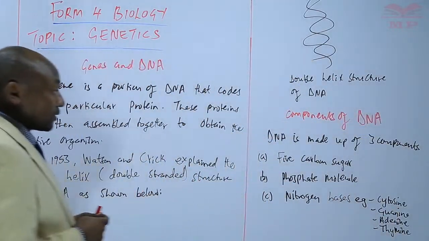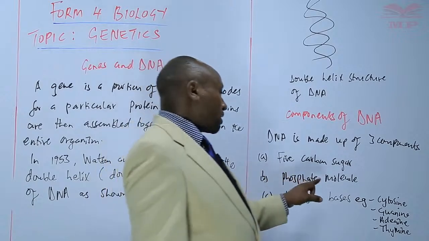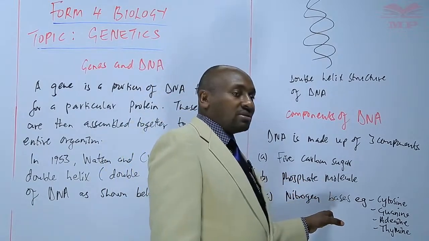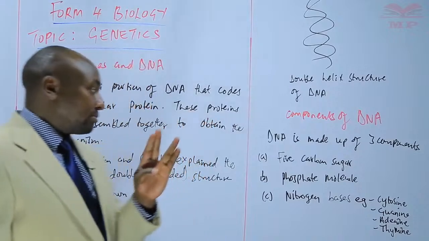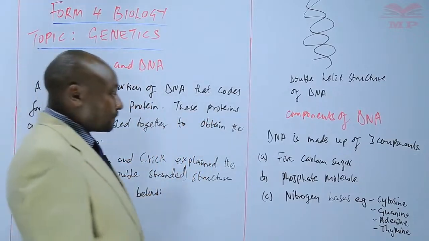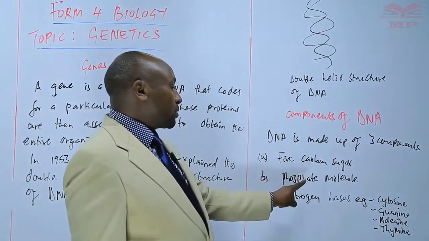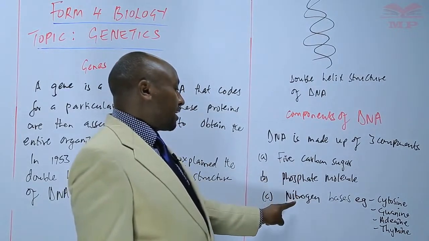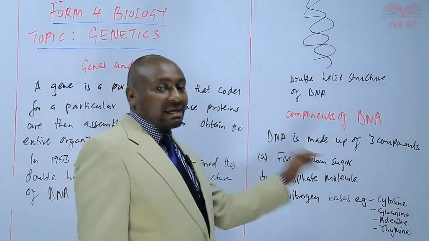So those are the components of the DNA. There are 3: 5-carbon sugar, phosphate molecule, and nitrogen bases, of which the nitrogen bases are 4. Now, a collection of a 5-carbon sugar, a phosphate molecule, and a nitrogen base, we refer to it as a nucleotide.